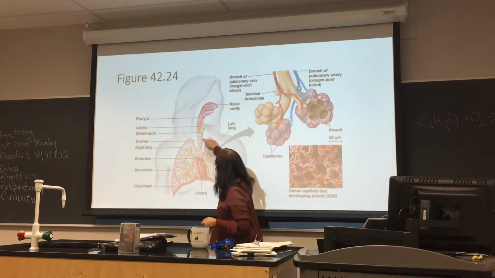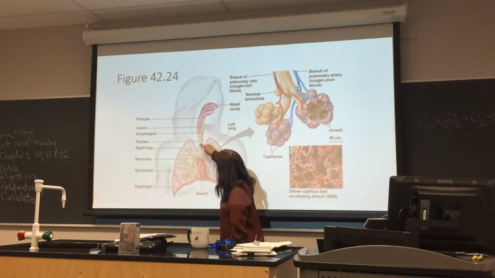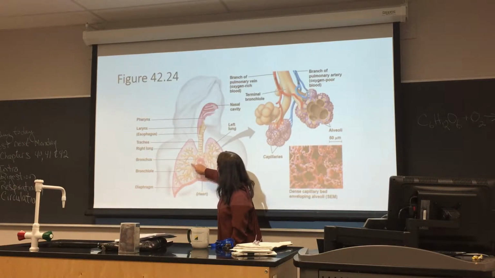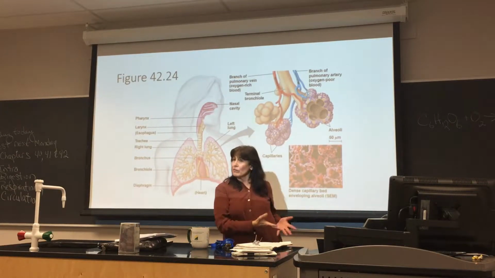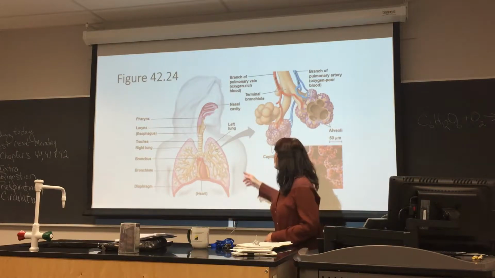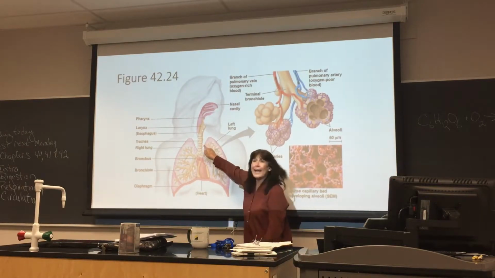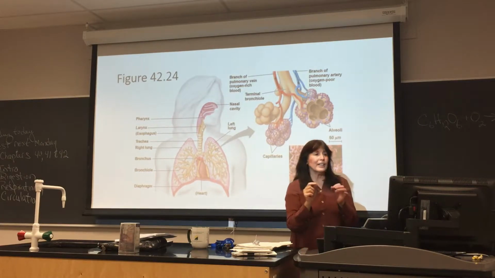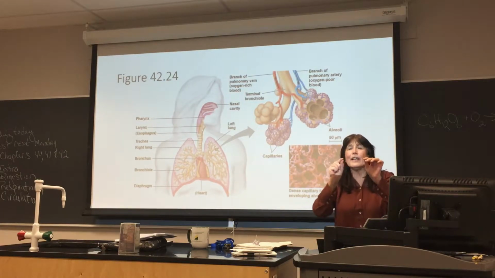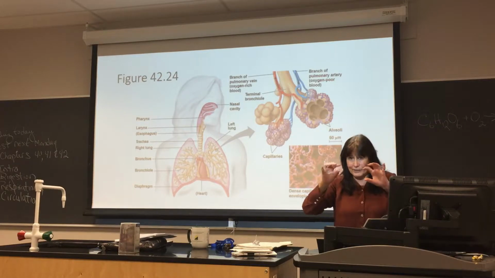So there. But then as you go down in, you're going to see that it branches off. So from the trachea, it's going to branch off into the right and left side, these bronchia, and go into every side. Now what begins to happen to those cartilage is now it's getting smaller and smaller, okay?